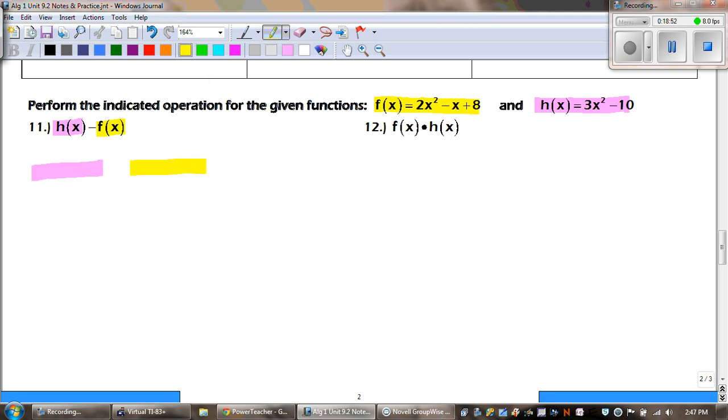So I like to organize everything. So h of x is 3x squared minus 10. And I'm going to subtract the 2x squared minus x plus 8. Okay? I'm going to pause the video and you guys are going to be all on your own for this. Good luck.